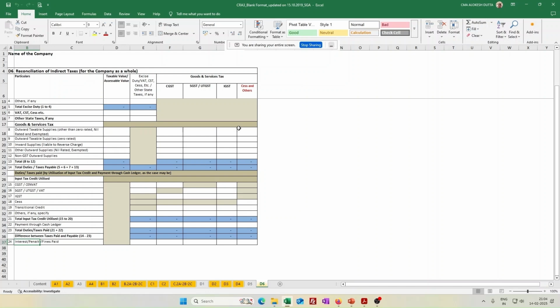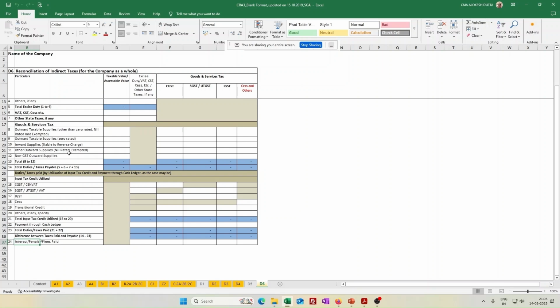So this reconciliation is vital, because the GST department will see this data from the cost audit report filed in the MCA portal and match it with the data of the return filed by the company.